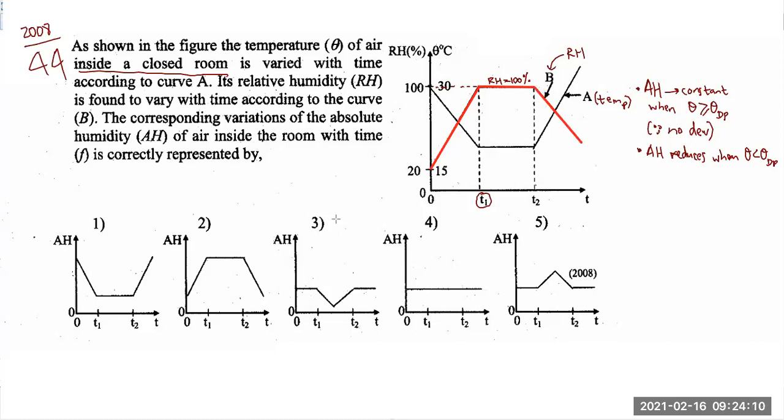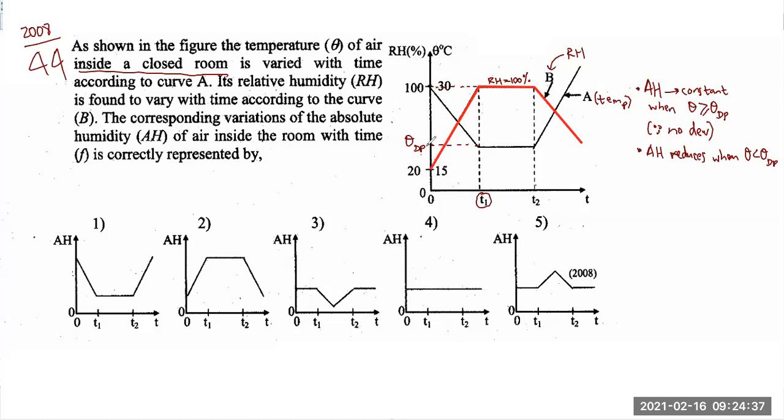And the other graph is for temperature. So when RH becomes 100, at that time, the temperature will be the dew point. So this is the dew point here, this temperature. Some of you had answered 30, some of you had answered 15. Neither is the answer. The answer is between 15 and 30.